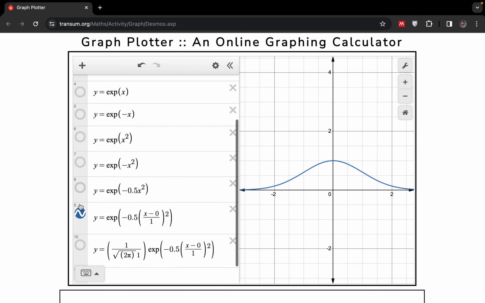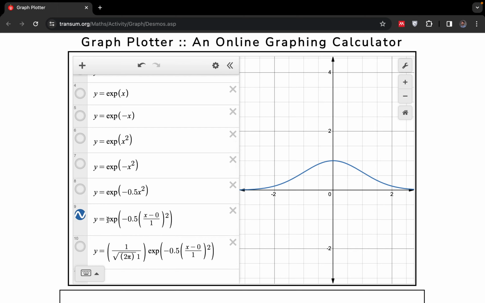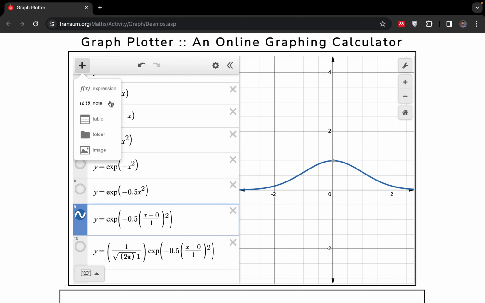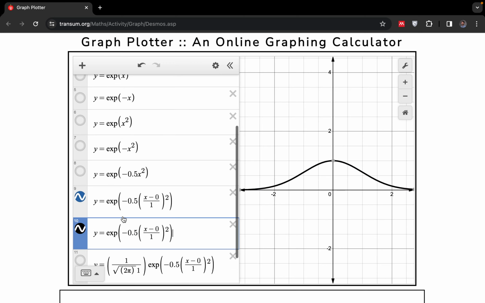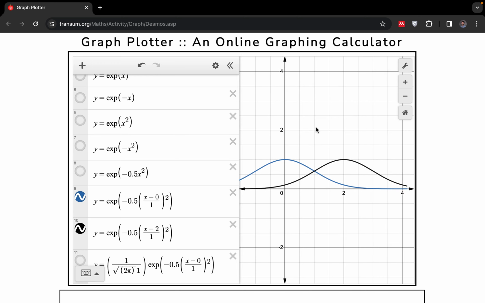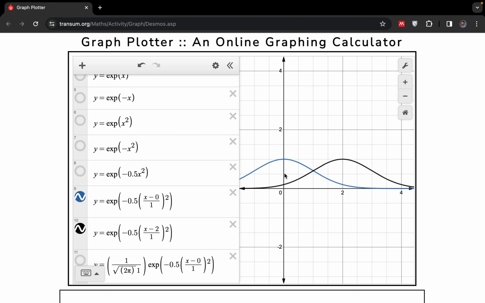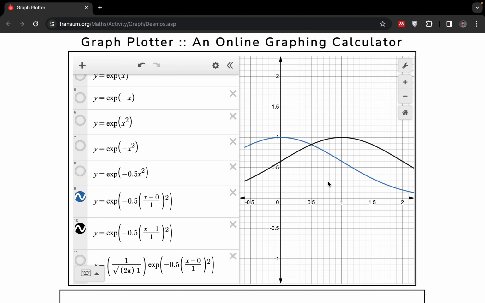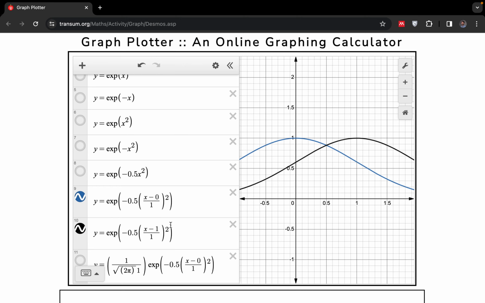But the reason I do that is because, let me add one more expression here, I want to show that if I subtract a particular value, for example, if I subtract 2 from this, I'm able to move the center of this curve from 0 to 2, and let's just make it 1. Then I am having the center at 1, right?